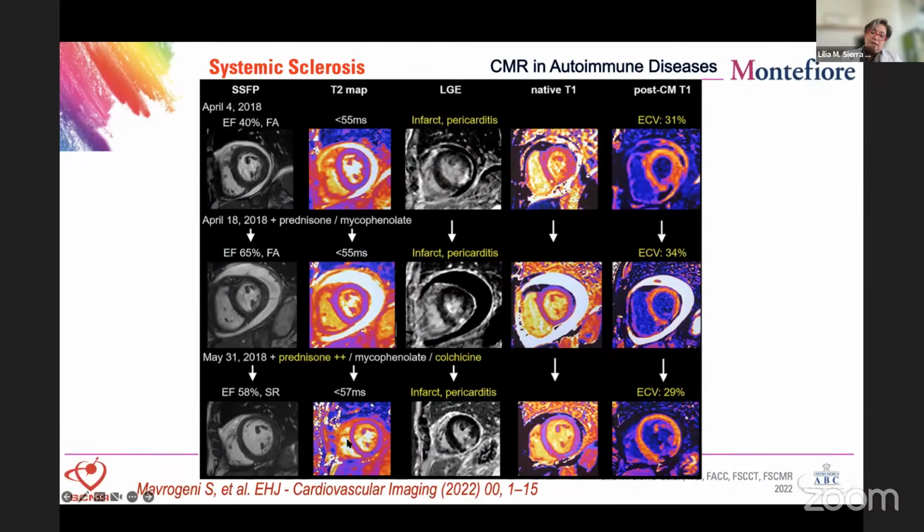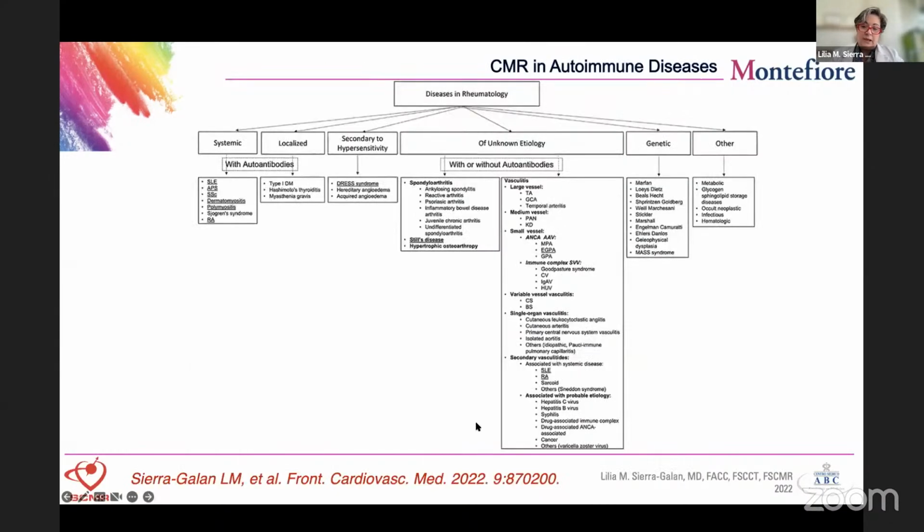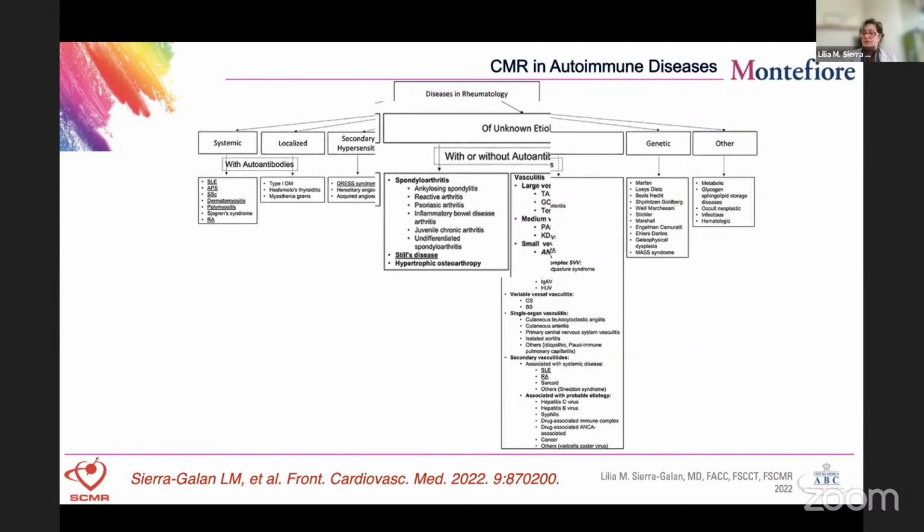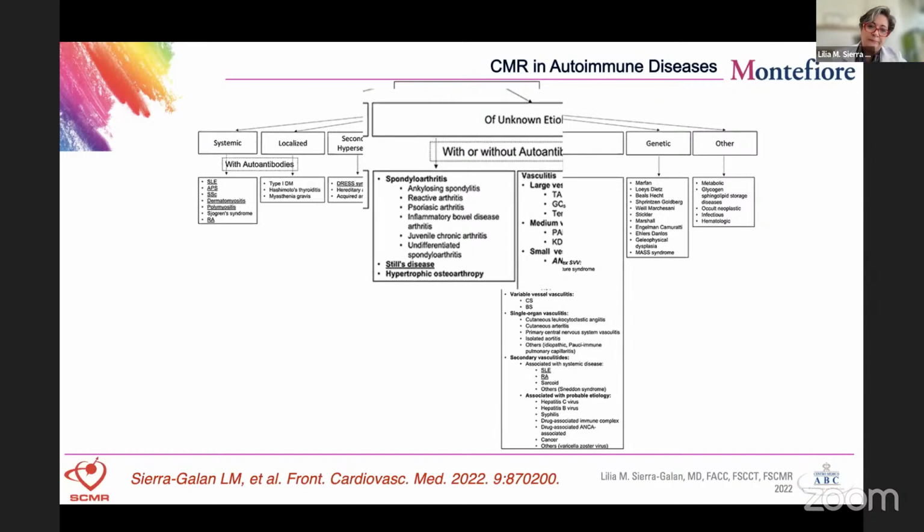And the T2 value is almost the same because, as I mentioned before, it is more fibrotic than inflammatory, and the infarct size remains similar, and the pericarditis is still active, but see how the pericardial effusion reduces, and the amount of inflammation is maybe a little bit less. So that highlights the importance of the diagnosis and the role of CMR.